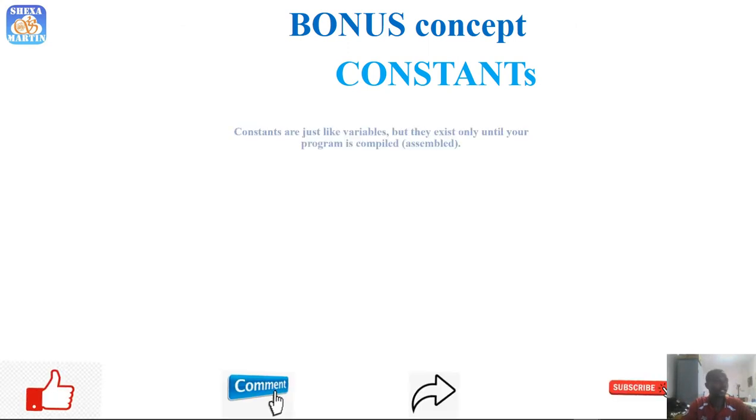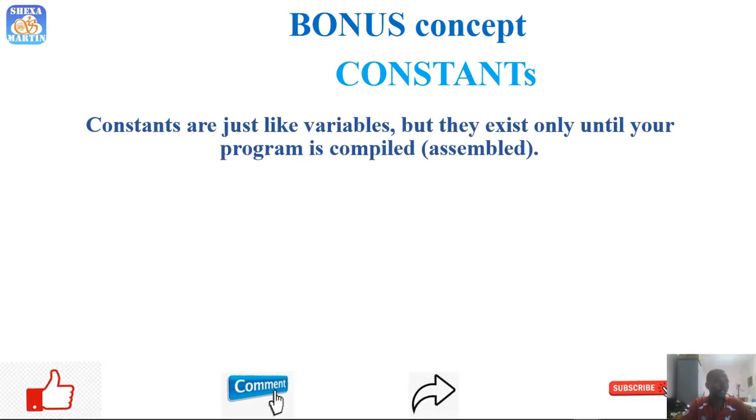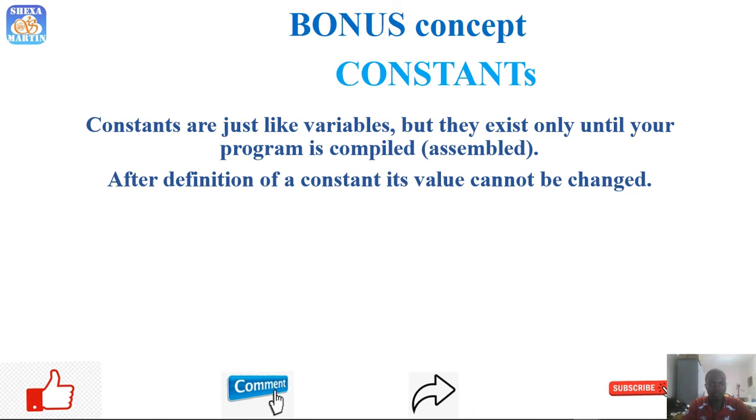Let's now get into the bonus concept, which is what? Constants. Constants are just like variables, but they exist only until your program is compiled or assembled. After definition of a constant, its value cannot be changed. Since we said it's a constant, the value is constant.